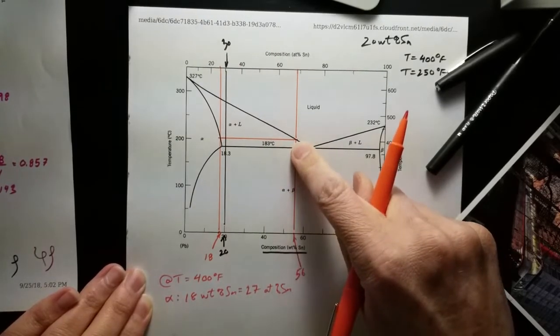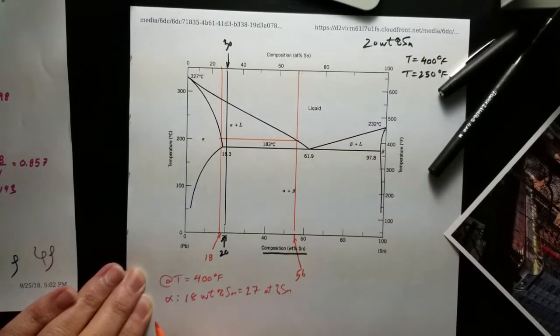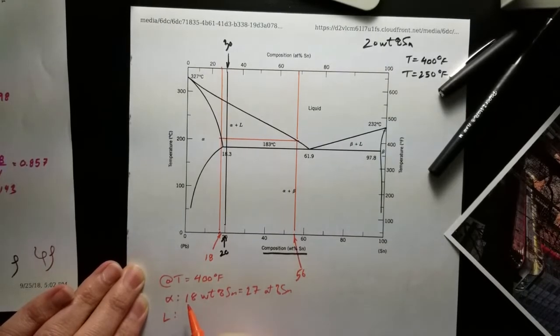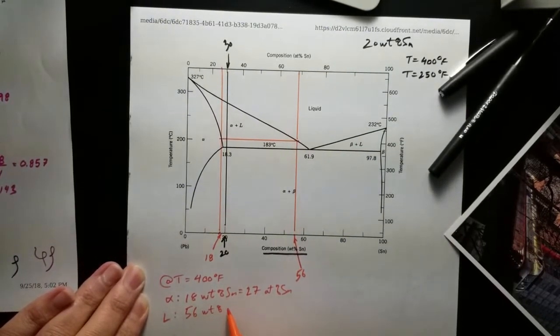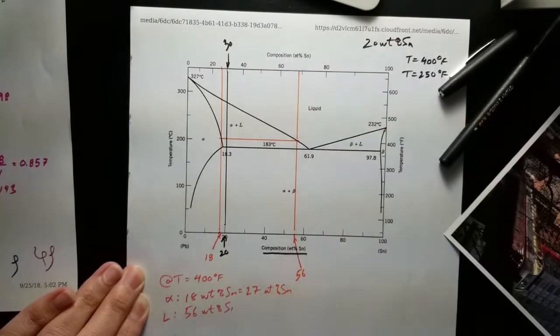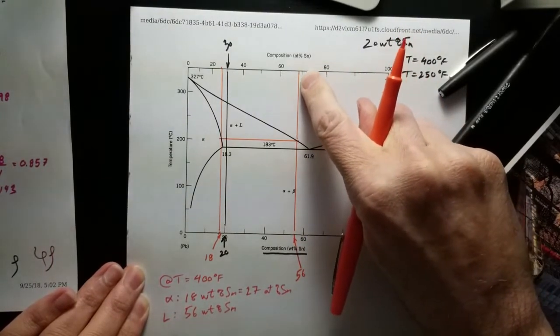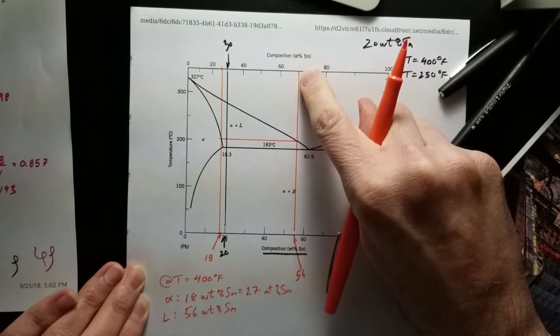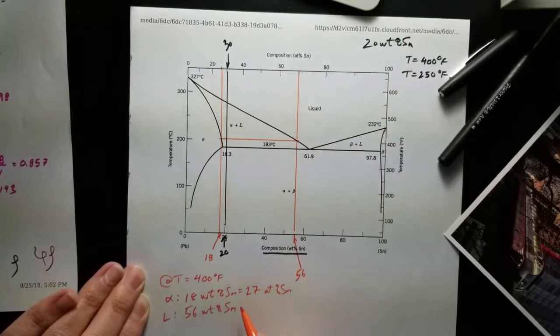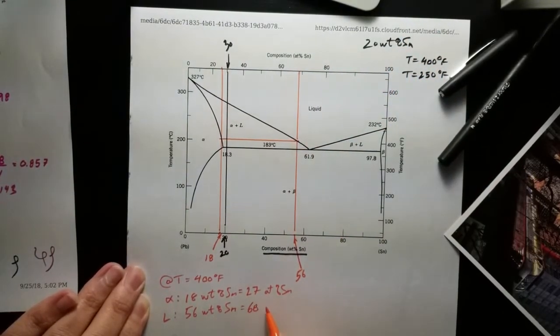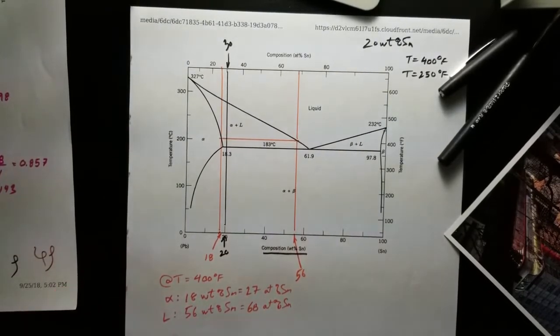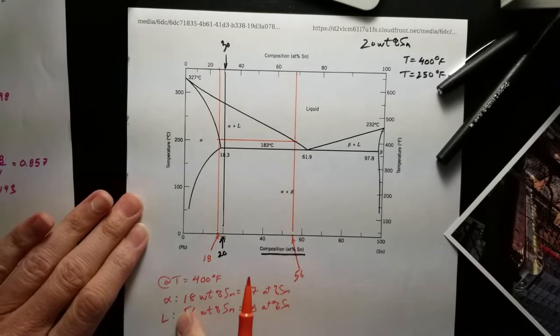And then the liquid has composition of 56 weight percent tin, which looks like around maybe 68 or so atomic percent tin. Okay, so we've got the composition.